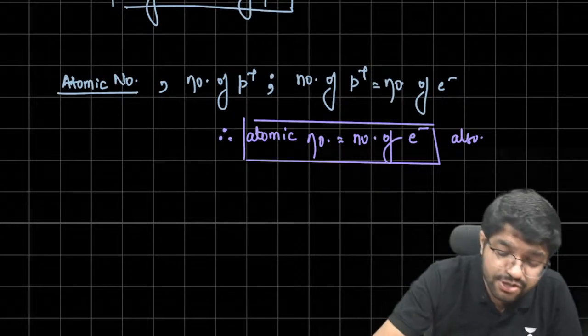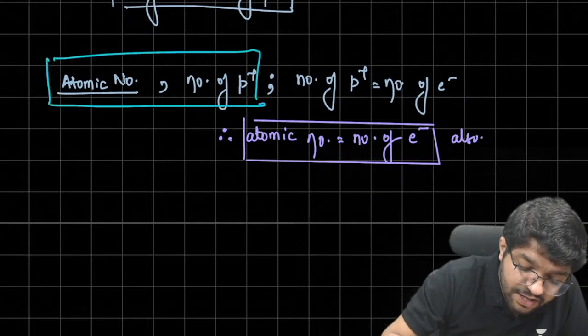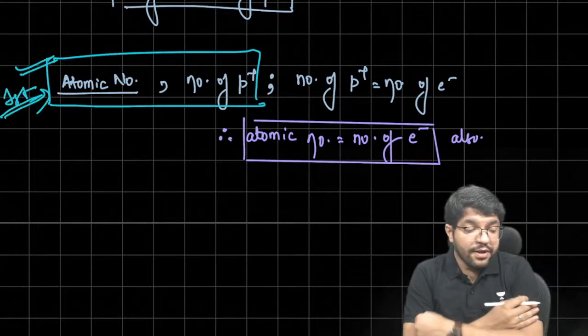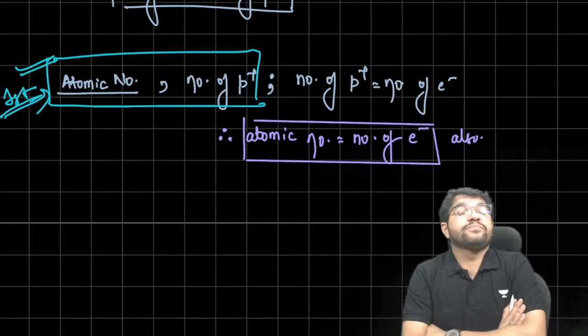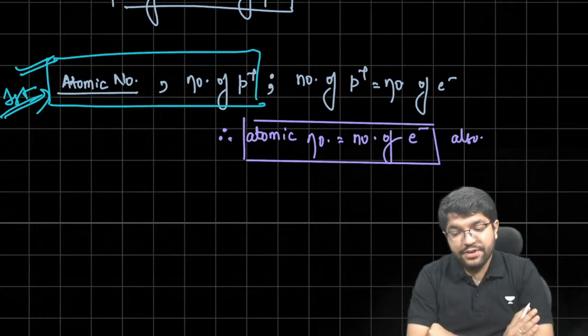However, the first definition is always that the atomic number is the number of protons. This is always the first definition.